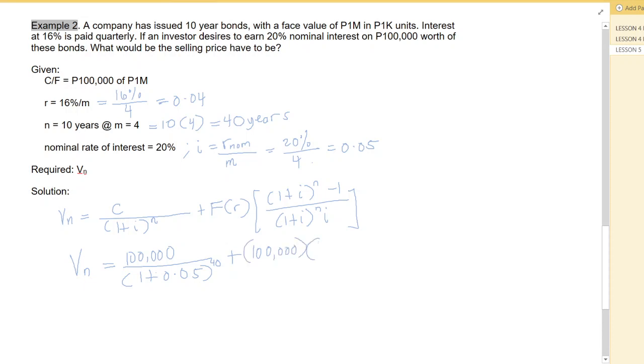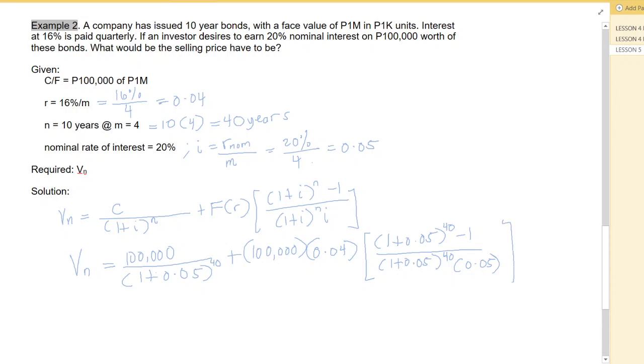Then that is multiplied by R, which is 0.04, so that is the bond rate, okay, already, and then that is divided by 4 since that is paid quarterly, and then multiplied by 1 plus 0.05 raised to the number of periods before redemption, divided by 1 plus 0.05 raised to 40 again, and then multiplied by the yield interest rate, which is 0.05.